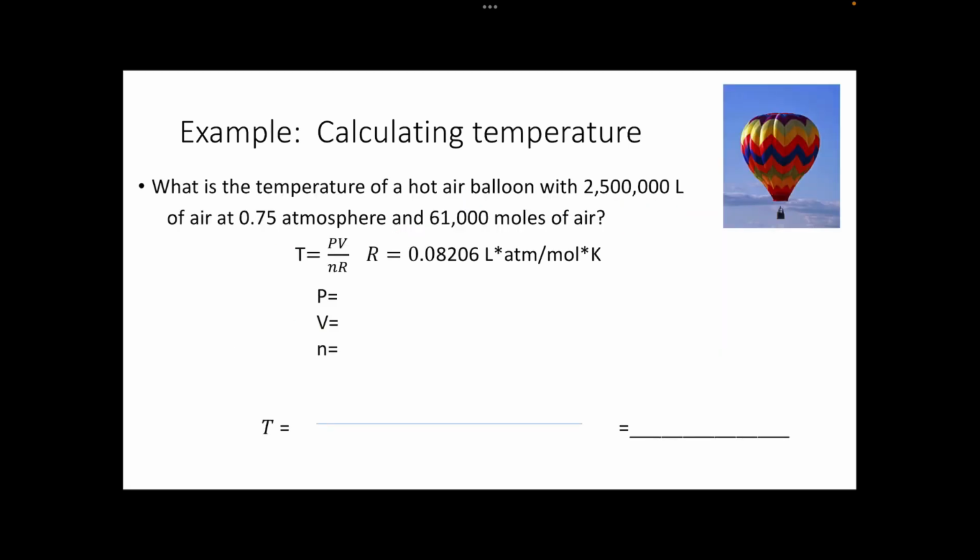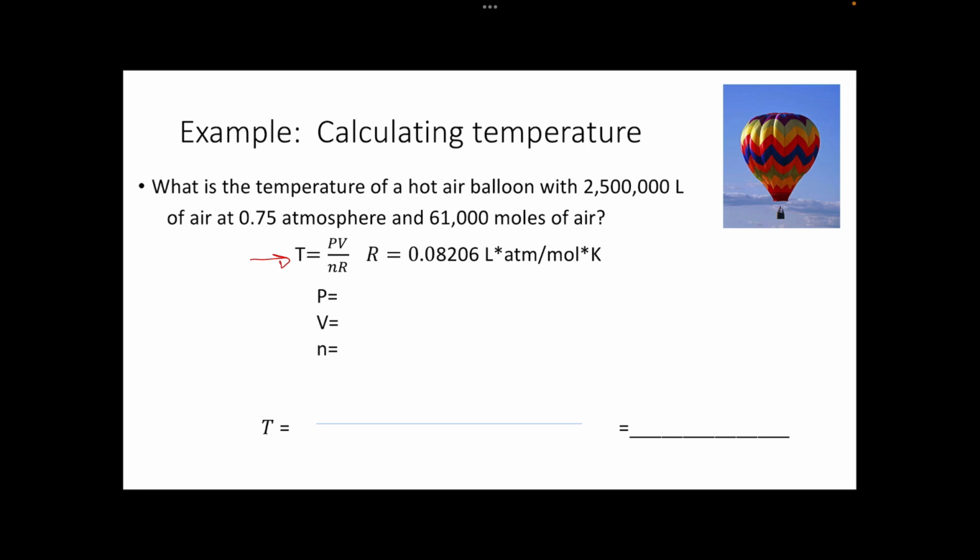Next example, calculating temperature. If we rearrange the equation for temperature, that's what it looks like right here. This question says, what is the temperature of a hot air balloon with 2.5 million liters of air at 0.75 atmospheres and with 61,000 moles of air? This is a hot air balloon, so the numbers are going to be really big.